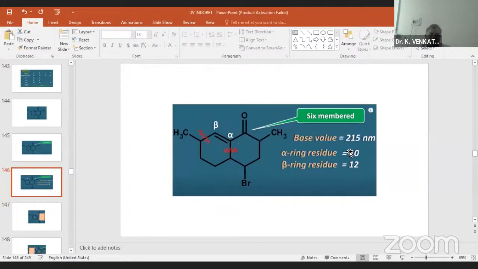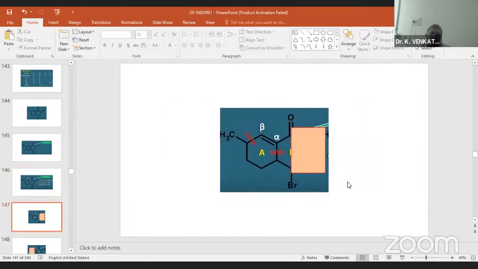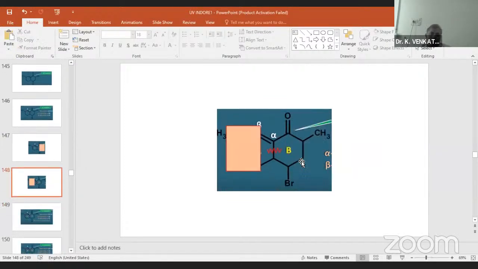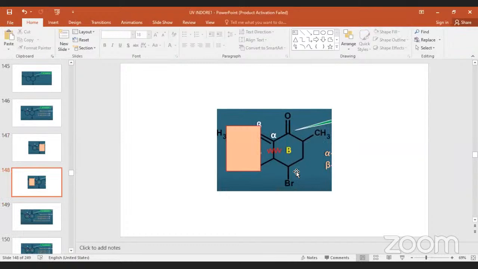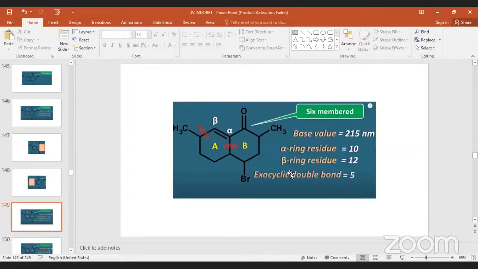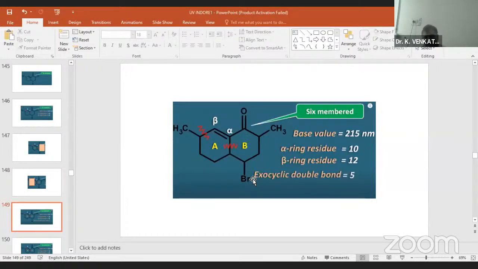So this is the base value 250 nanometers, and the alpha ring residue is present, so that is 10, and the beta ring residue is also present, that is 12. So here, bromine we cannot consider because bromine is not involved in any delocalization or conjugation.